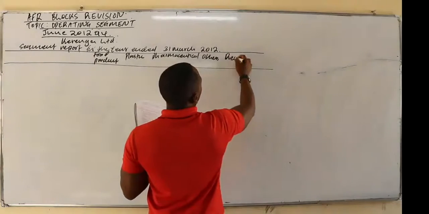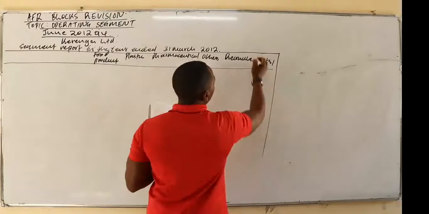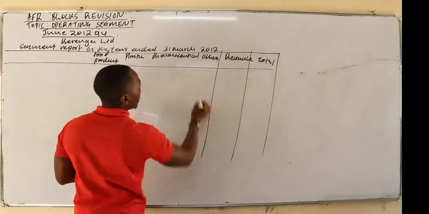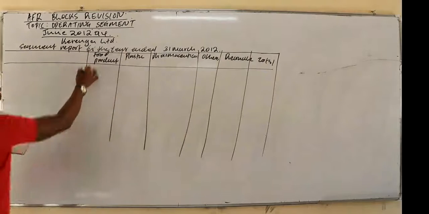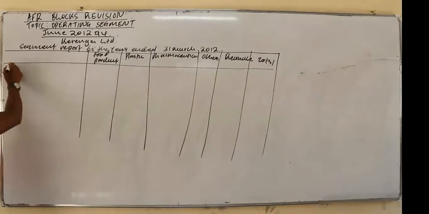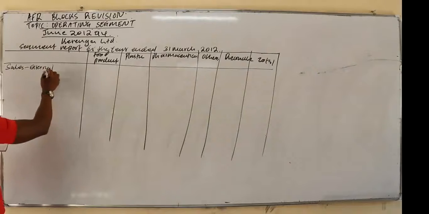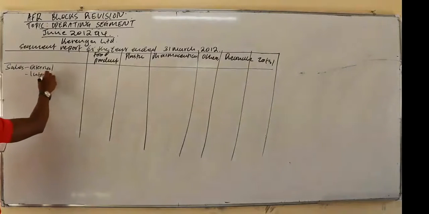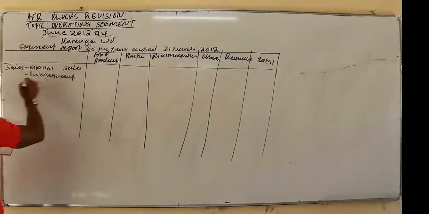Then we can reconcile, then we get the total. So we start with the sales or the revenue. And in this case, we have to show both the external sales and the intersegment sales. And then you get the total sales.